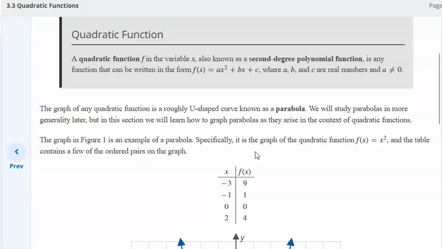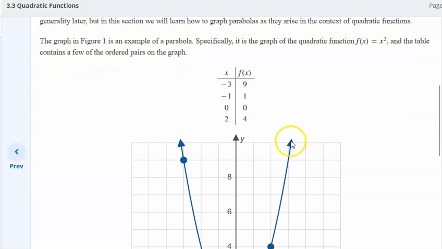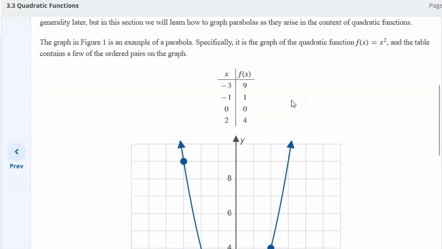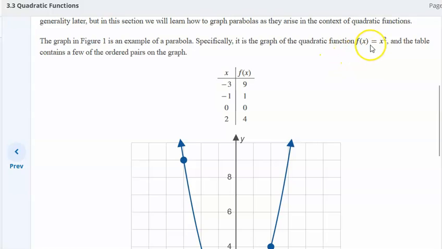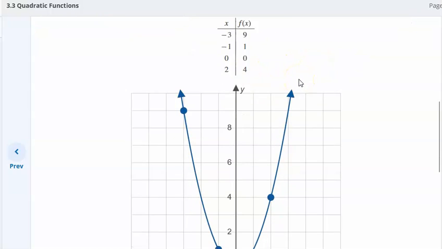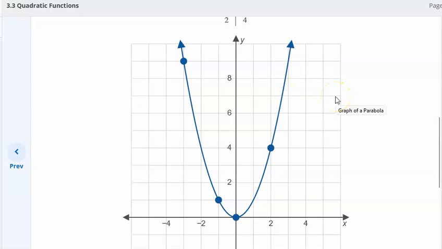Now, the shape of these is a parabola, and if we look at this function, which is the simplest form, and make a little t-chart and put values into it, here's what the parabola looks like. You'll notice there is an axis of symmetry, which is the y-axis here. It divides the parabola into two sides, where one side is the reflection of the other.